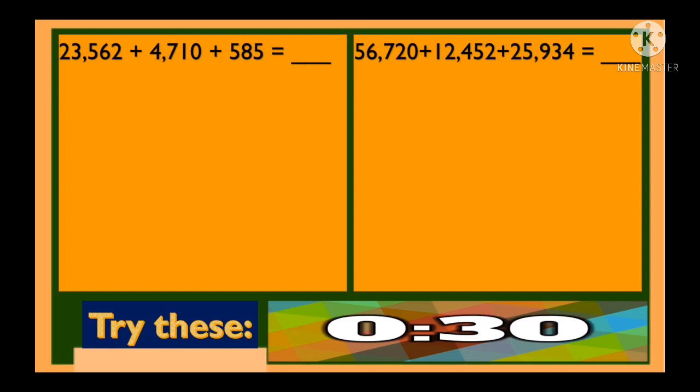Remember the steps. First step is to add the first two numbers, and then the sum of those two numbers we will add to the third number. Now I will give you 30 seconds to answer these two numbers. Your time starts now.